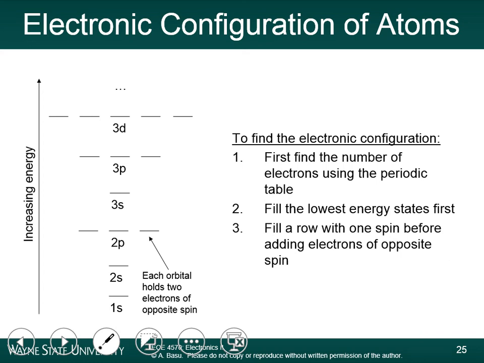So this brings us to the electronic configuration for atoms. And this is the part that I think is relatively straightforward. To find an electronic configuration, first find the number of electrons using the periodic table. Fill the lowest energy states first, and fill a row with 1 spin before adding electrons of the opposite spin. This is the first energy band diagram that I'm going to show you.